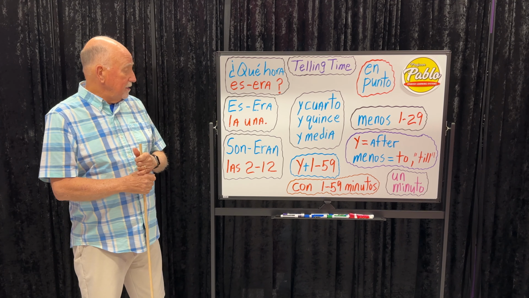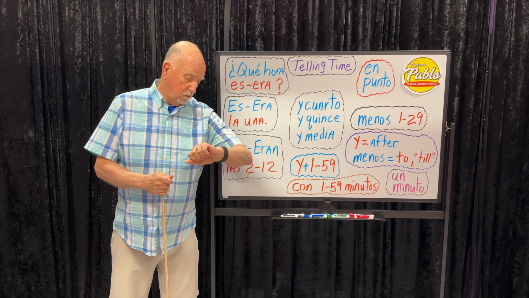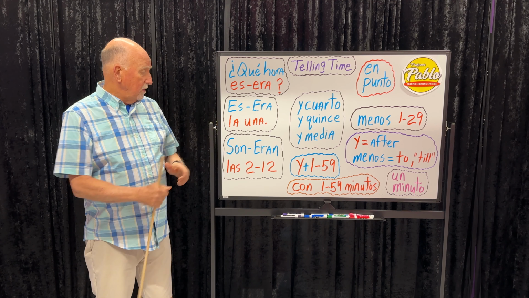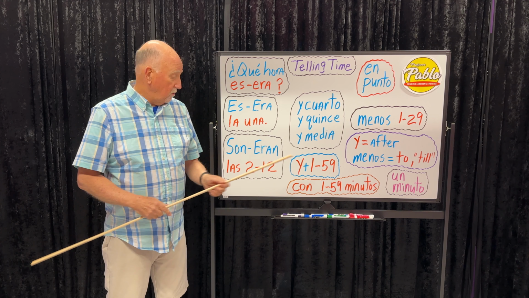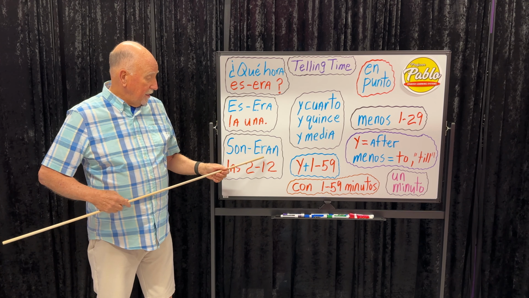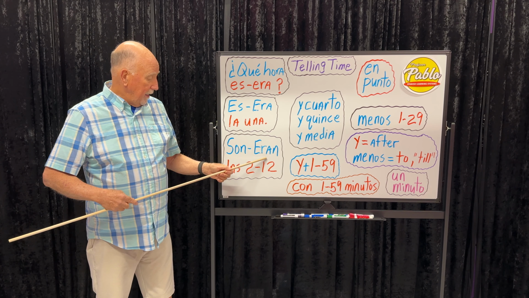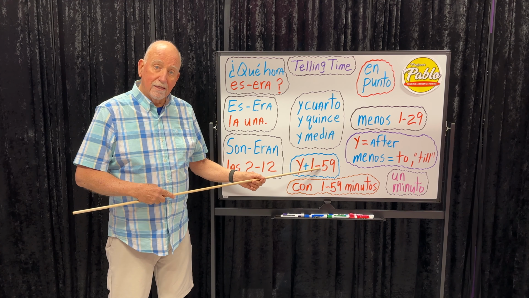If I want to say it is 1:22, es la una y 22. Just plug in your number that you know. If I want to say it was 3:20, I would say eran, I got to go plural, eran las 3 y 20. See how that works?